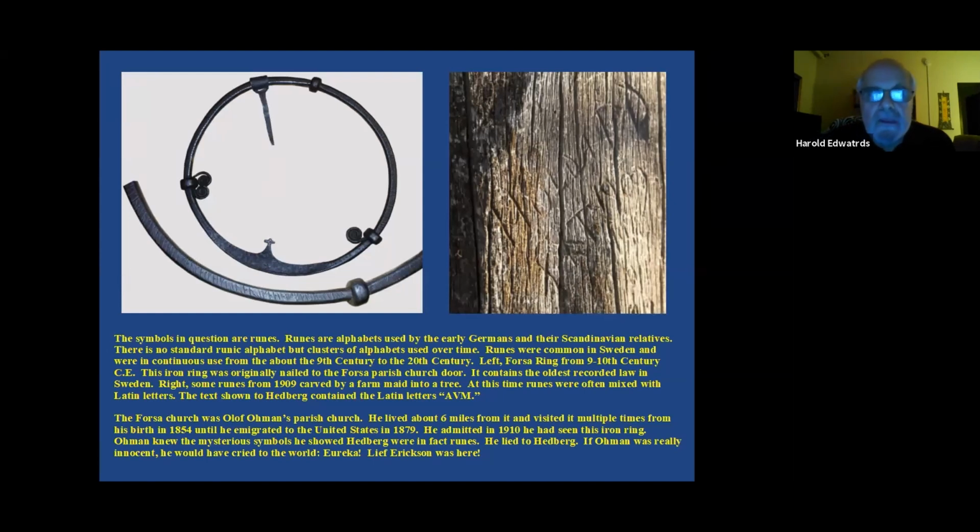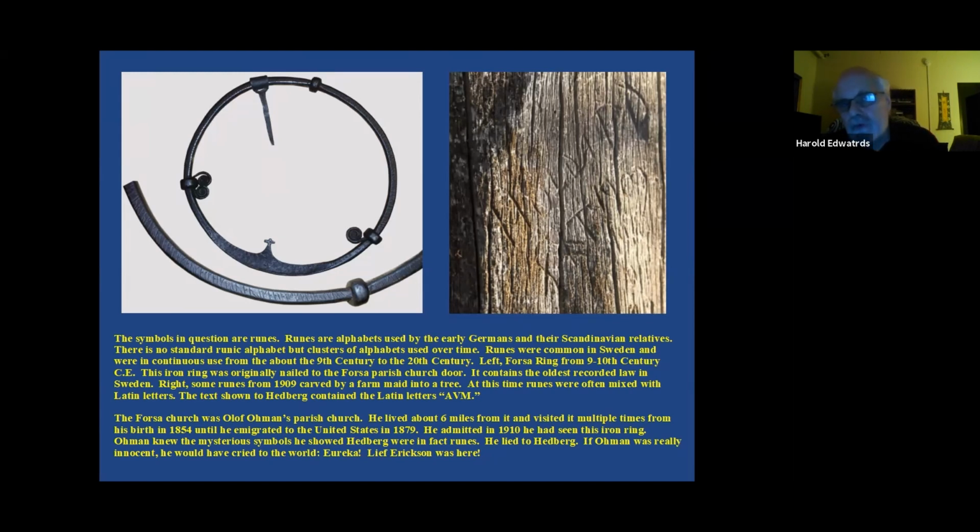The view on the left is an iron ring that was nailed to the Forsa parish church door, and it has one of the oldest law codes in Sweden, dating from the 9th to the 10th century. The view on the right is some inscription in wood that's a mixture of Latin letters and runic characters. The text that was shown to Hedberg contains the Latin letters AVM.